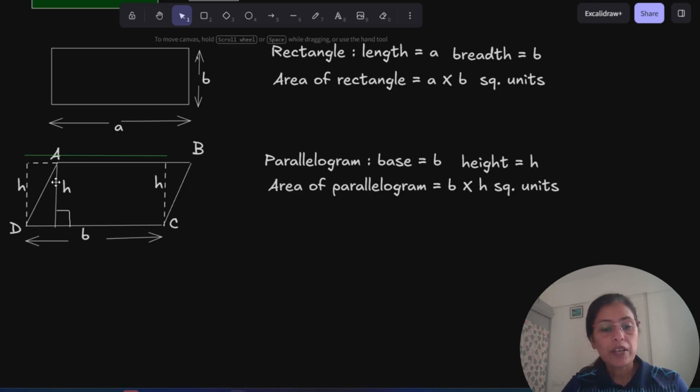So when we have extended it, the height is the same, because we are drawing from a vertex to the base of the parallelogram, on both sides. And this distance is the same as this distance.